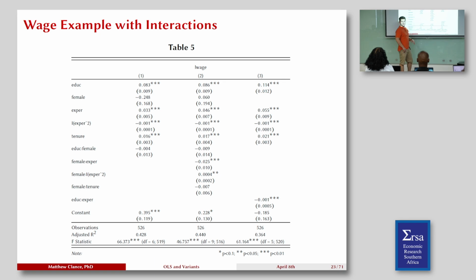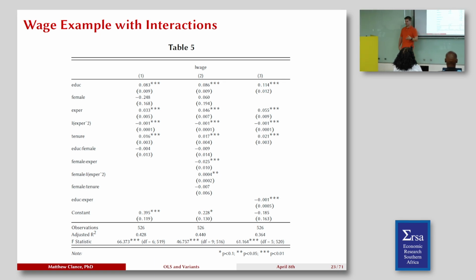Not just education, but also experience, as I go up in experience squared, and tenure. That's a bigger question. One is about the fundamental work environment. And the last is not caring about gender at all, but focusing on whether there is an interaction between education and experience that affects your overall wages.